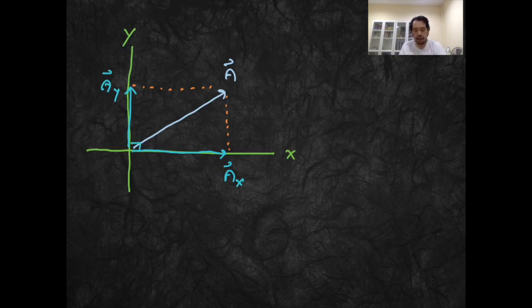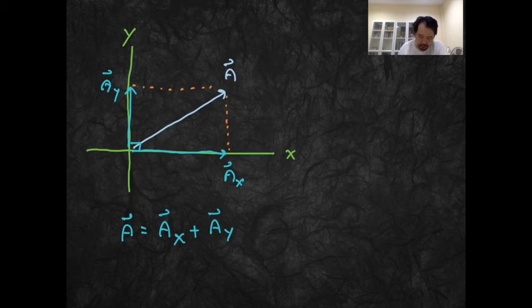And we can also see that A is equal to AX plus AY.